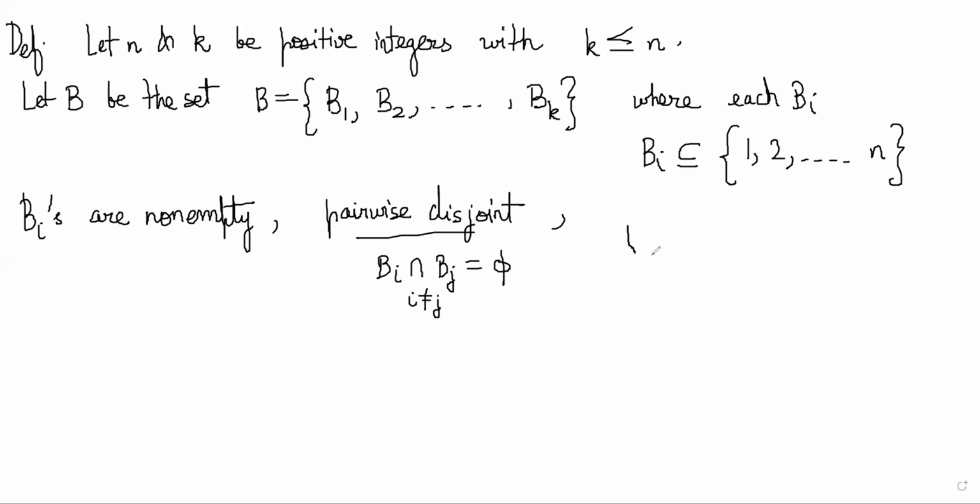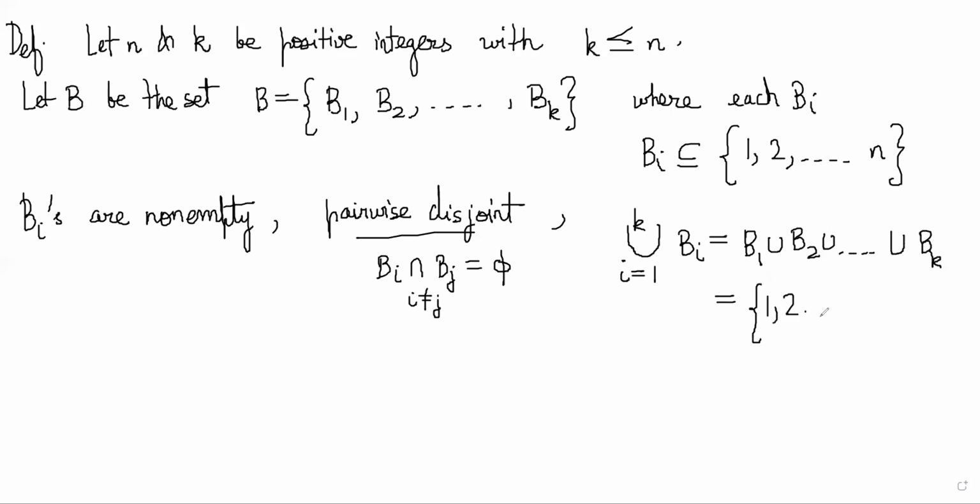Also, the union of Bi as i goes from 1 to k, which means B1 union B2 union and so on till union Bk, is equal to the set 1 to n. Correct?